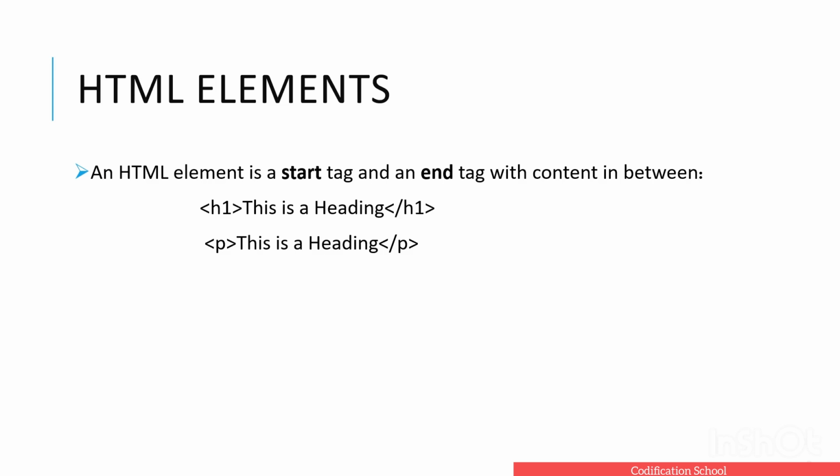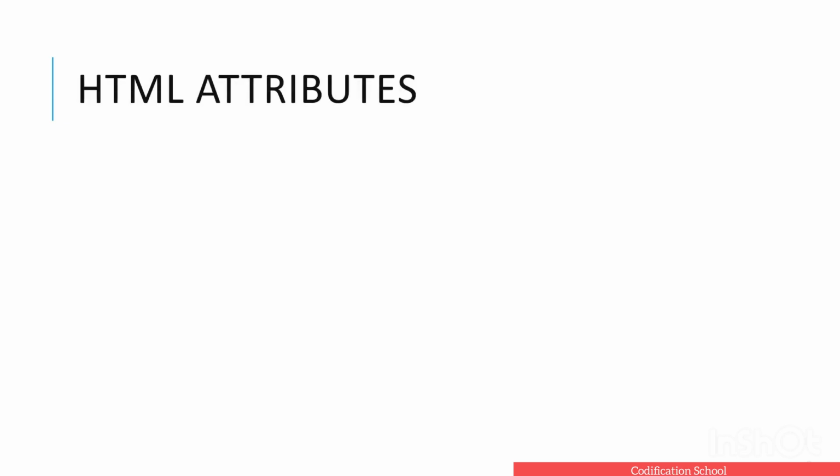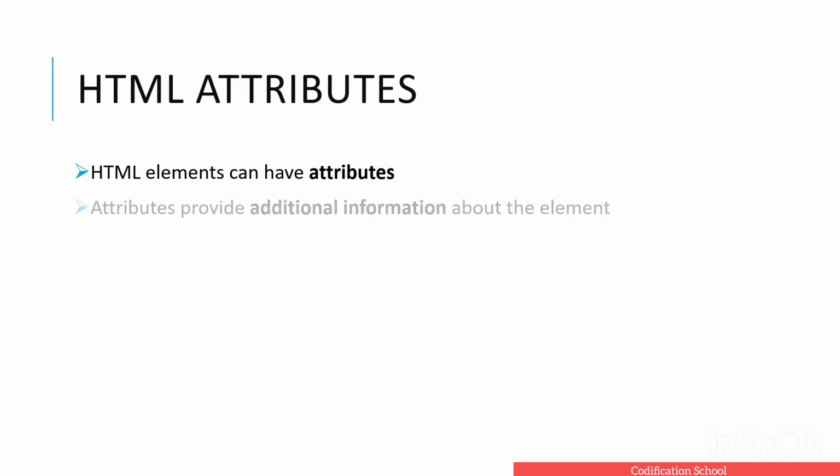So now let's go ahead and look at attributes. HTML attributes are given to the elements. So HTML elements can have attributes. What are these? Attributes, as the word suggests, are nothing but additional information about the element.